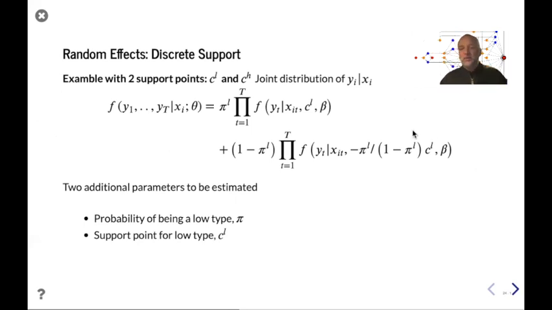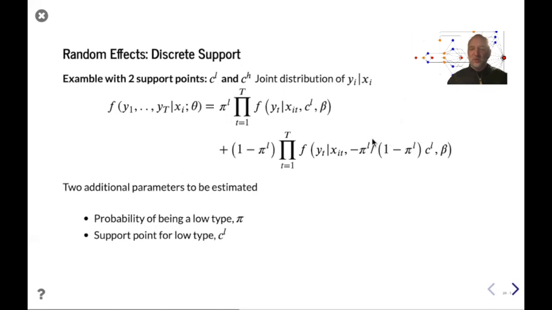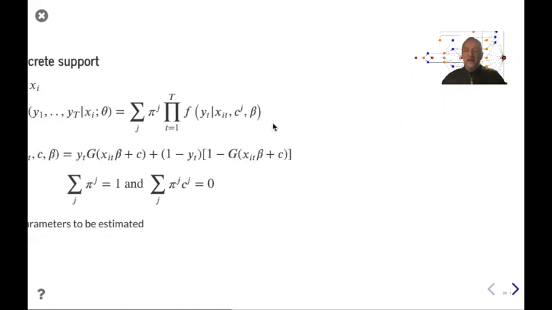And that CH is essentially derived from this restriction here. You can write it out: pi high times C high plus pi low times C low equals 0, and then you move things around, and you can isolate CH in this expression.